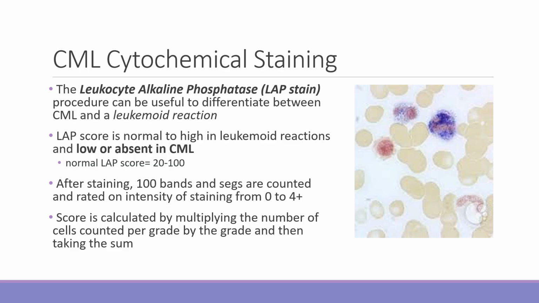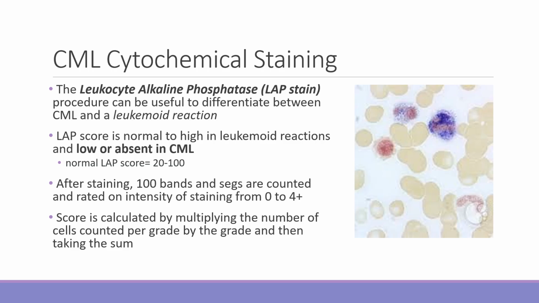We might see an extremely elevated white blood cell count in both a leukemoid reaction and in CML. We're going to see varying degrees of immature granulocytes in circulation in both. So we don't want to treat somebody with chemotherapy if really we're looking for a source of stress or infection. So what we can do is perform a LAP stain, a leukocyte alkaline phosphatase test.